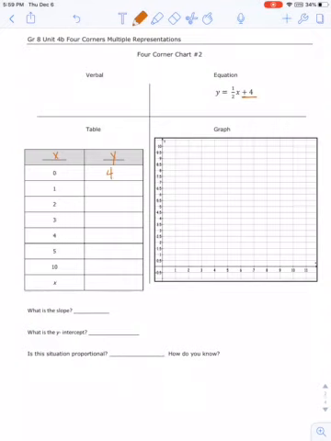And then you're just plugging x into this equation over and over. So if I do 1/2 times 1 plus 4, I'm just really adding 1/2, so that's going to be 4.5. And then it's going to add another 1/2, because that's our rate of change, so 5.